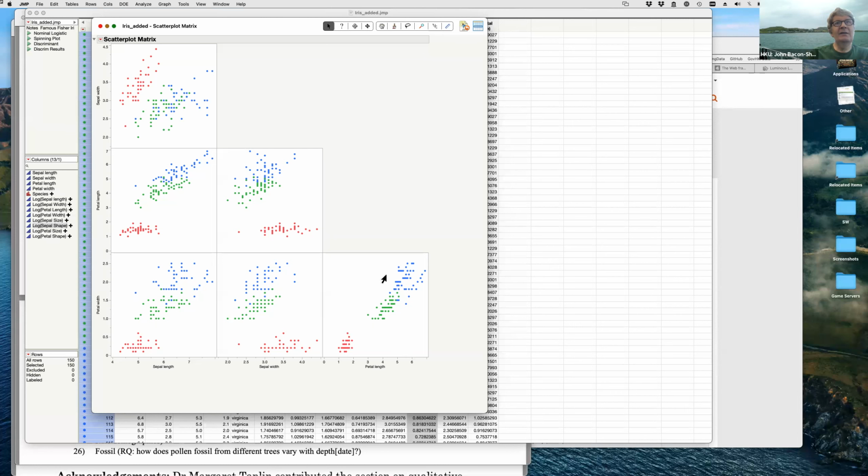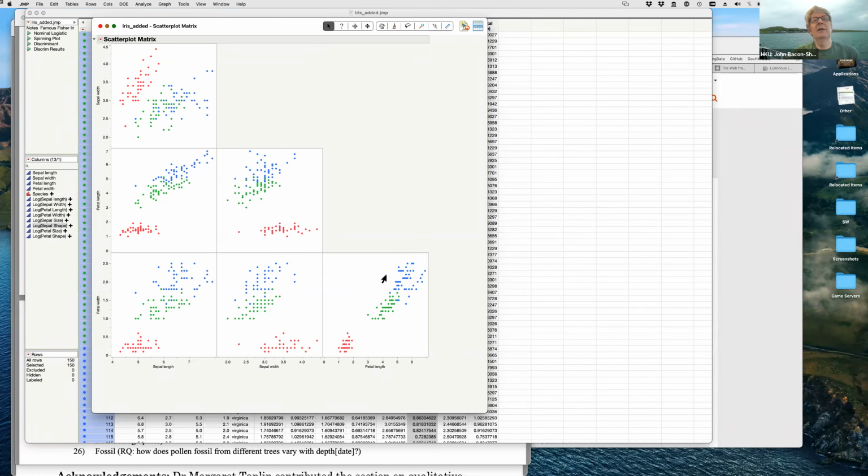So in fact, this data set, we can look at in different ways. So one way is to look at it that the measurements are the dependent variables and the species is the independent variable. The other way is to look at it in reverse.